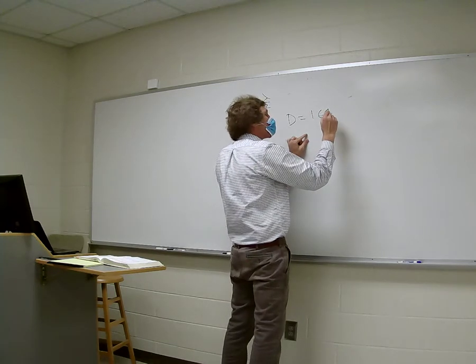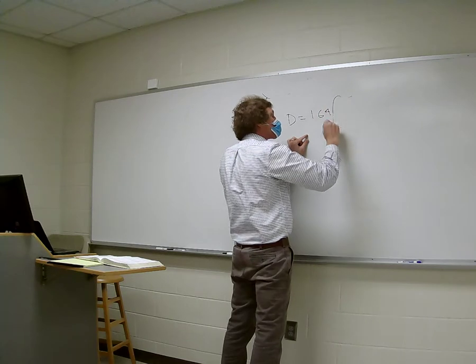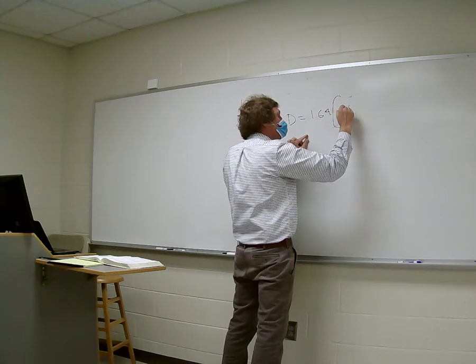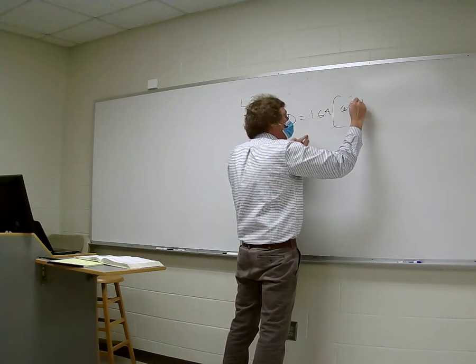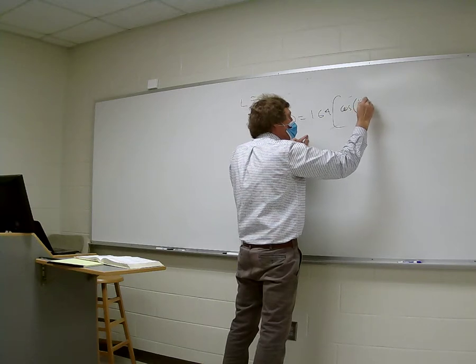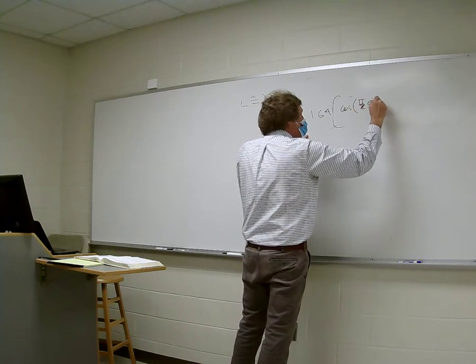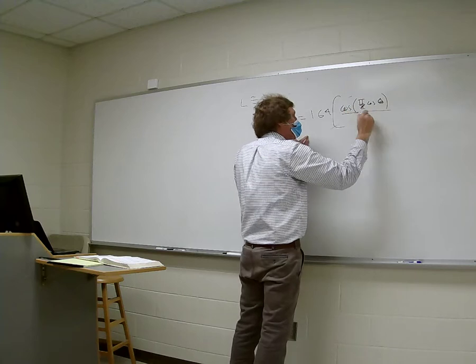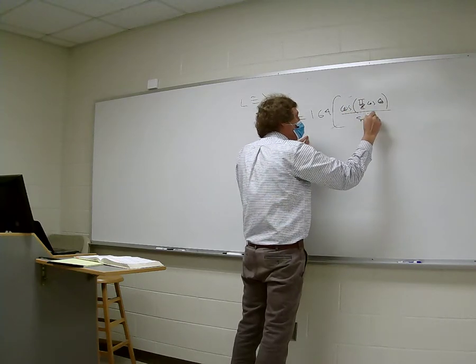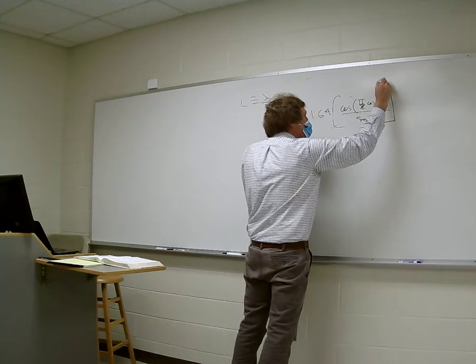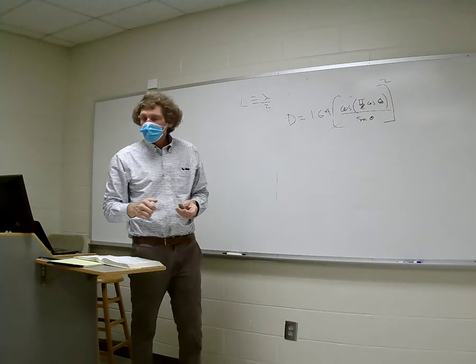And then it's times that angular function, so it's cosine of pi over 2 cosine theta, over sine theta, and this whole thing squared. You all see that, class? That's the directivity.